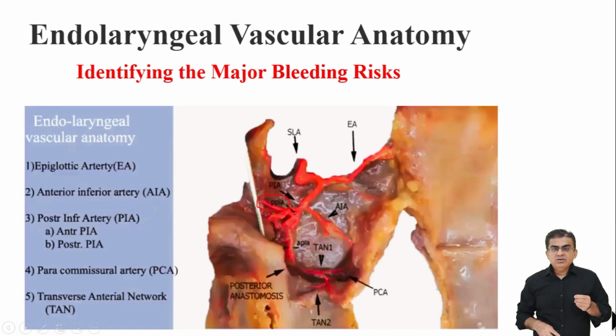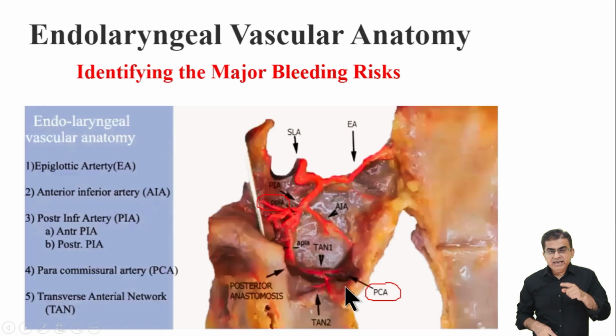Next, look down at the bottom right for the paracommissural artery marked as PCA. This artery comes from behind to provide vascularity to the area just inferior to the anterior commissure. This is your main source of anterior bleeding.